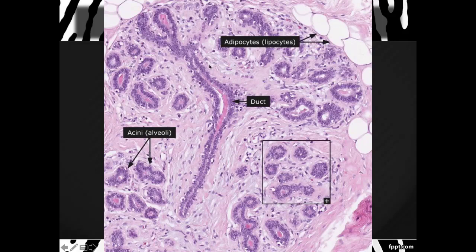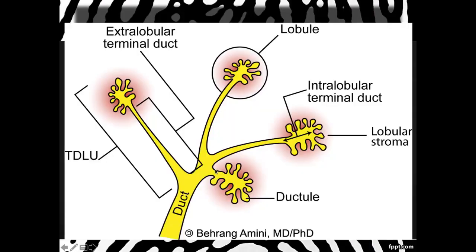During the normal adult life of the female, there are only ducts present in the mammary gland. There are ducts to the extralobular terminal duct, and during the pregnancy, secretory units start to differentiate and start to grow.